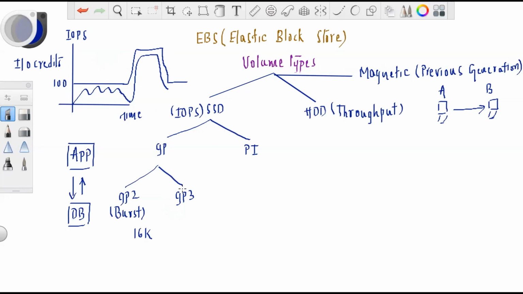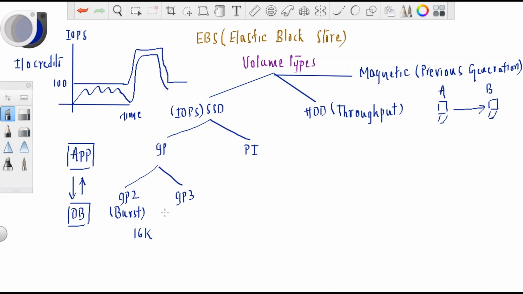The GP3 volumes are the latest generation of the general purpose SSD volumes. Now, GP3 volumes deliver a consistent baseline IOPS performance of 3000 IOPS, which is included with the price of the storage. Now, you can provision additional IOPS up to a maximum of 16,000 for an additional cost.